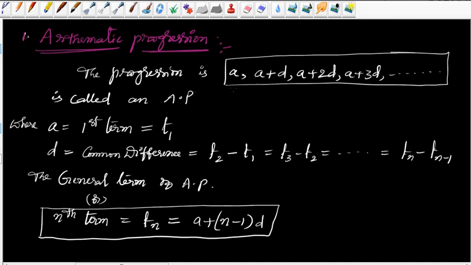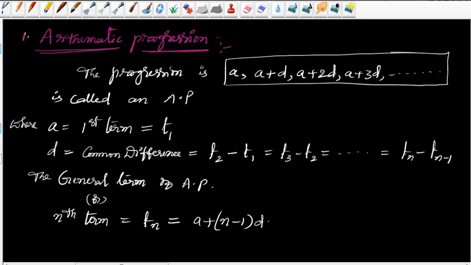Observe that this is term 1, this is term 2, where the suffix value is 2, so the D coefficient is 1. The third term has D coefficient 2, T4 has D coefficient 3. And the 10th term will be A plus, here n is 10, so 10 minus 1, that is 9D. This is the 10th term. Like that.